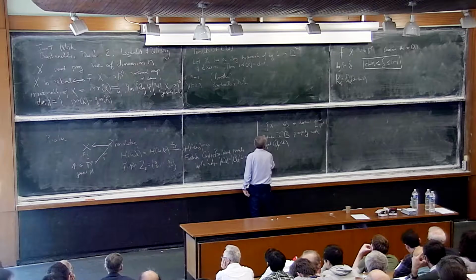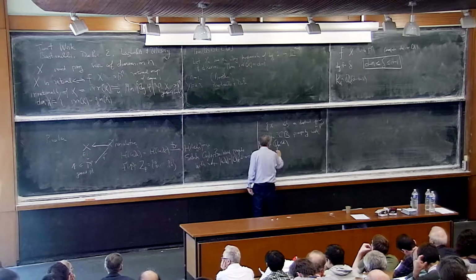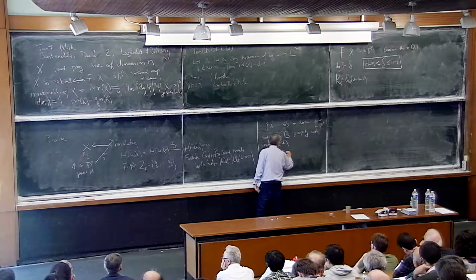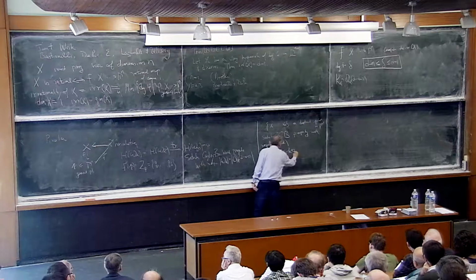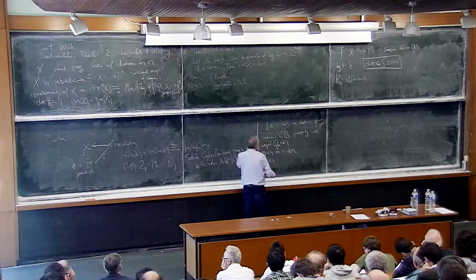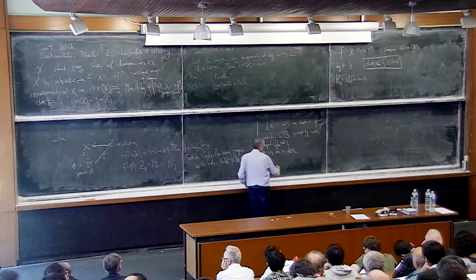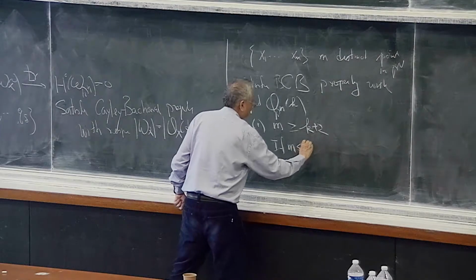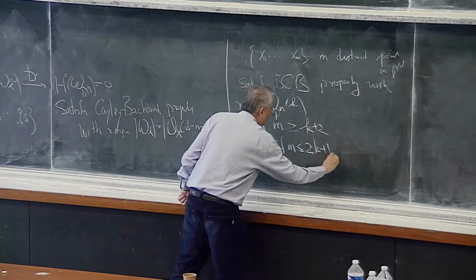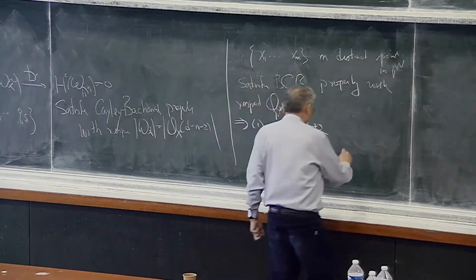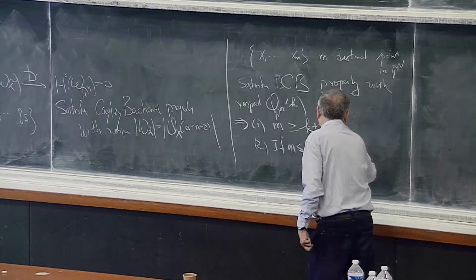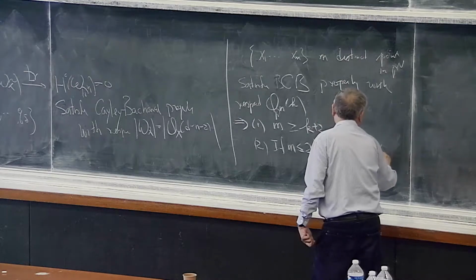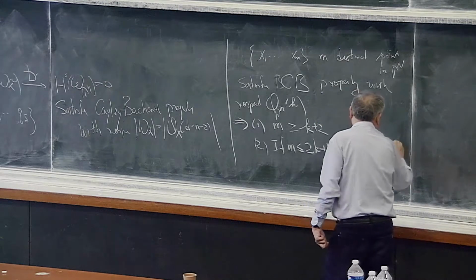Then that implies, for instance, that one, the number of points is at least k plus 2. And two, if m is less than or equal to 2k plus 1, then that implies that these points are collinear, lying on a line.